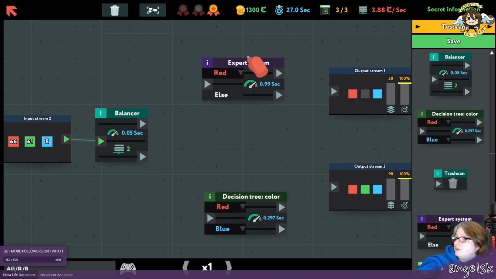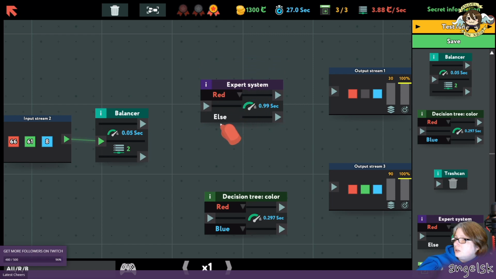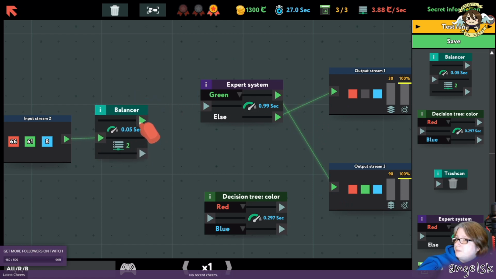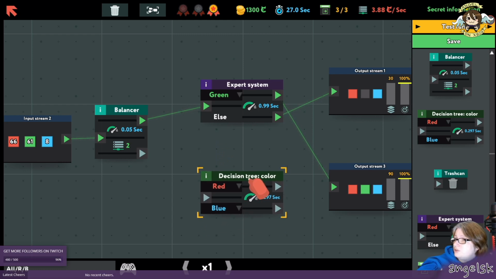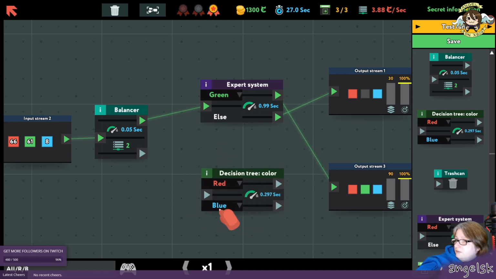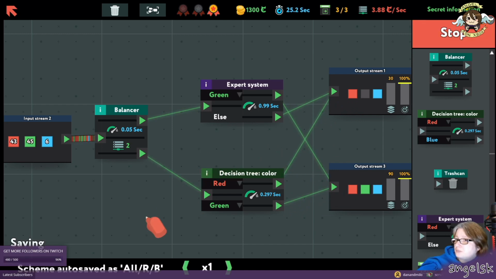And then we want... Okay, so we want green. Green goes here. Else goes here. But decision tree color. If we do red green, we will get equal amounts of blue. I'm using one of each just to see how it goes.